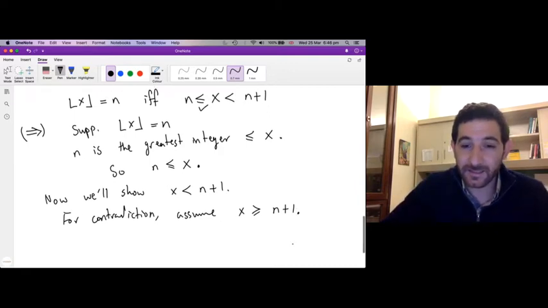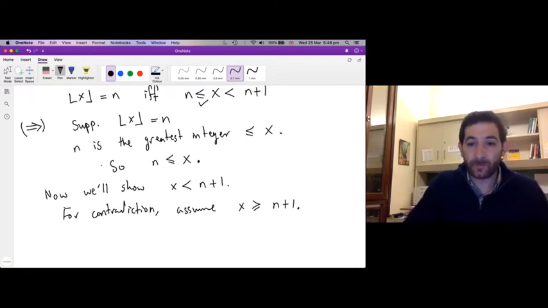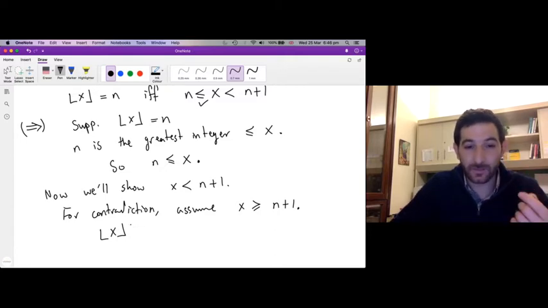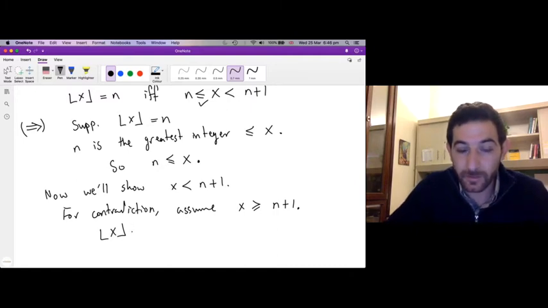Now, if x is bigger than or equal to n plus 1, what can you tell me about the floor of x? This means that the floor of x is what? Is the greatest integer below or equal to x. But since n plus 1 is below or equal to x, then the floor of x is bigger than n plus 1 or equal.